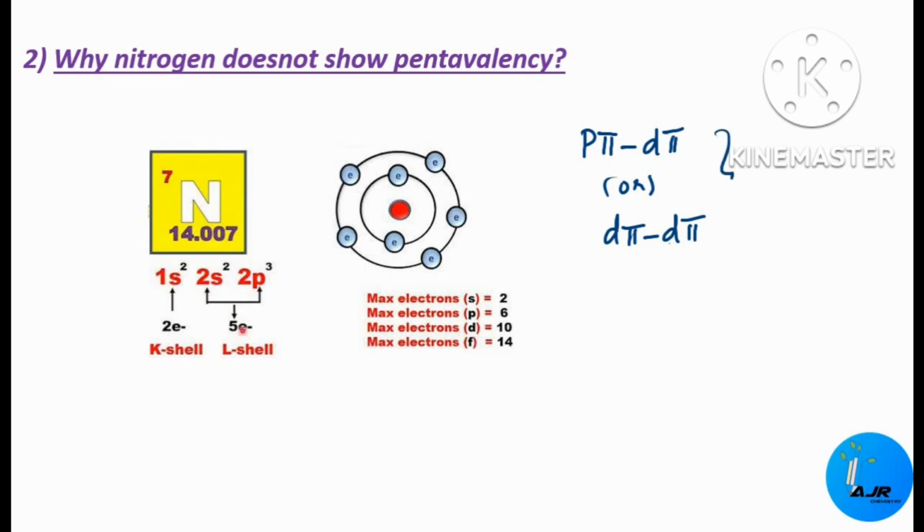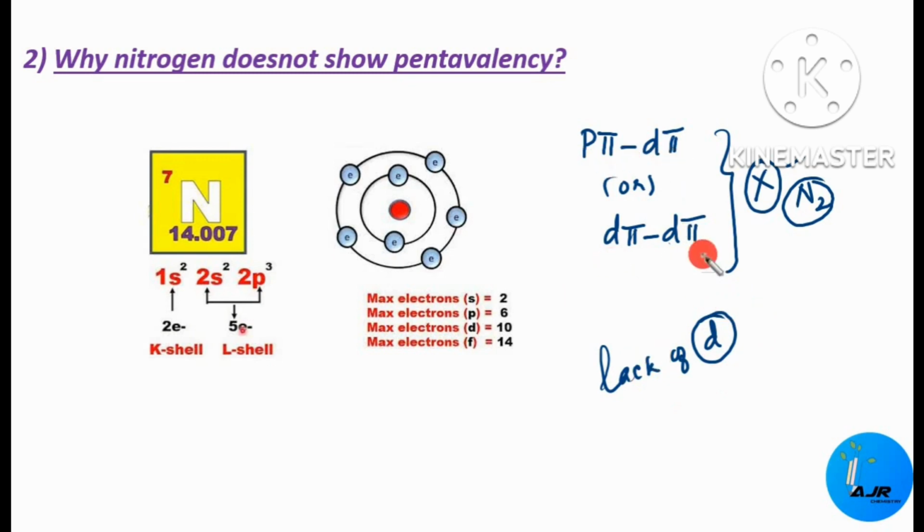These two types of multiple bonds are not possible in the case of nitrogen due to the lack of d orbitals. That's why pentavalency is absent in nitrogen, whereas it can extend its covalency up to 4.